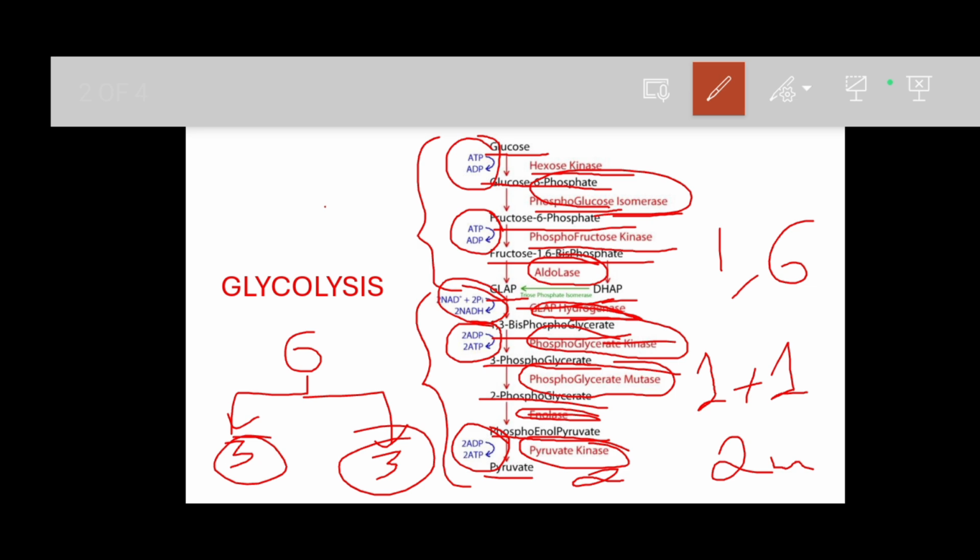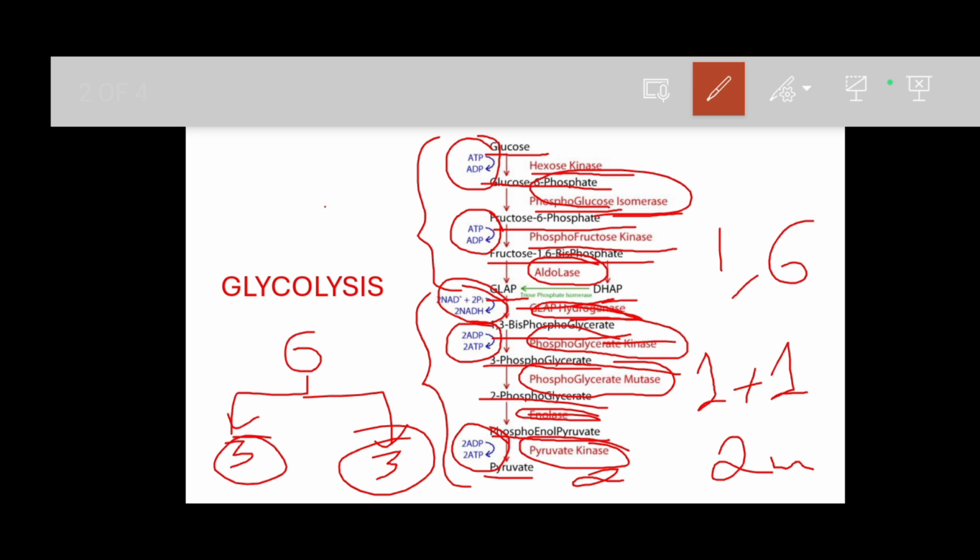Let us just recall. The first molecule involved is glucose. From glucose, glucose 6-phosphate is formed. From glucose 6-phosphate, fructose 6-phosphate is formed. From fructose 6-phosphate, fructose 1,6-bisphosphate is formed.